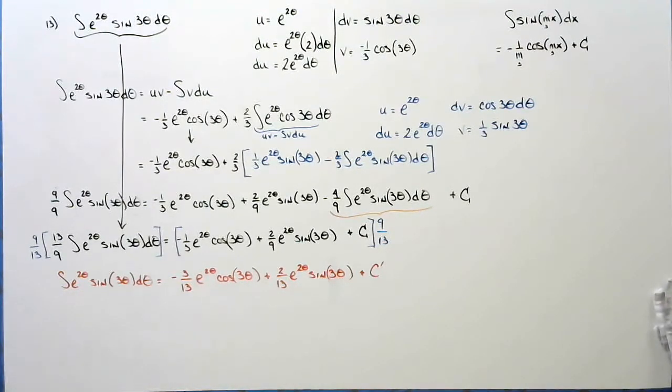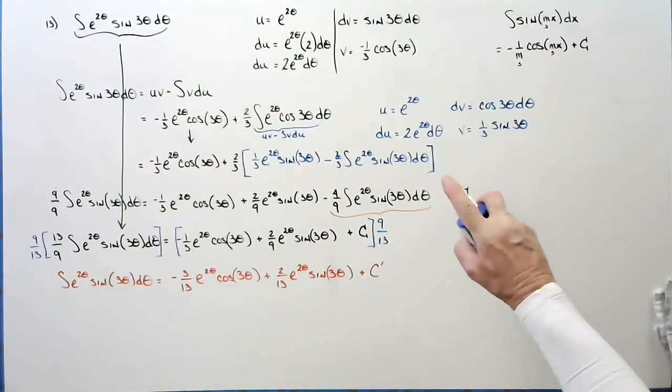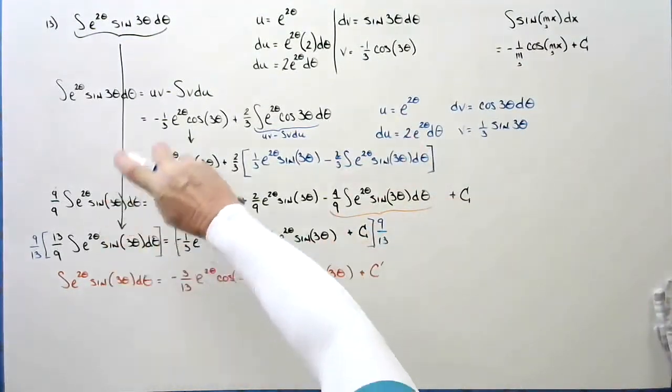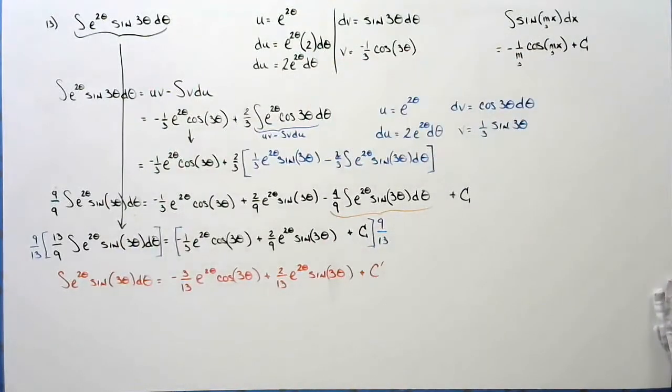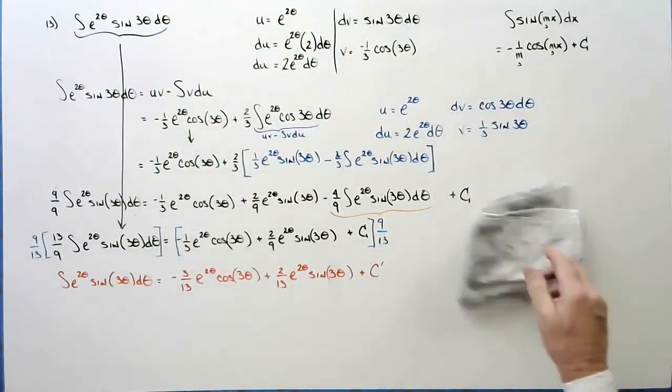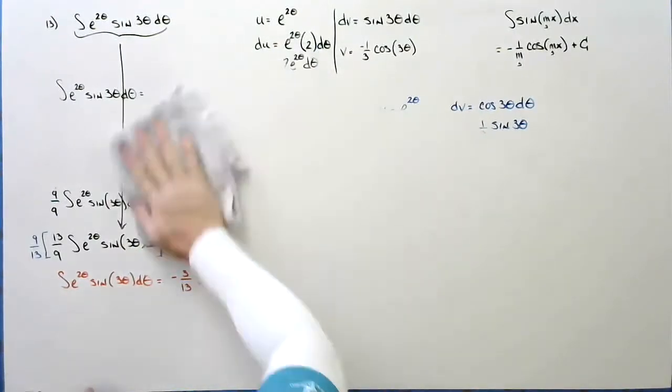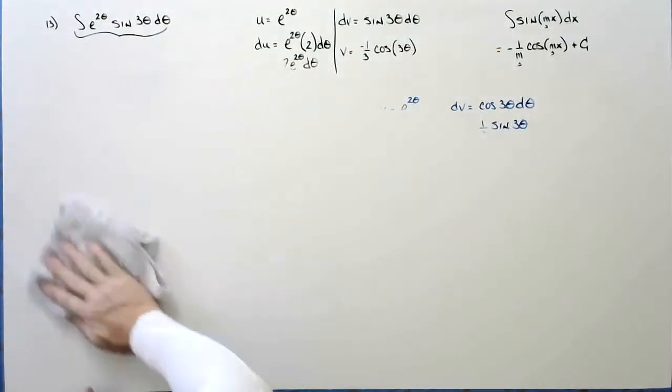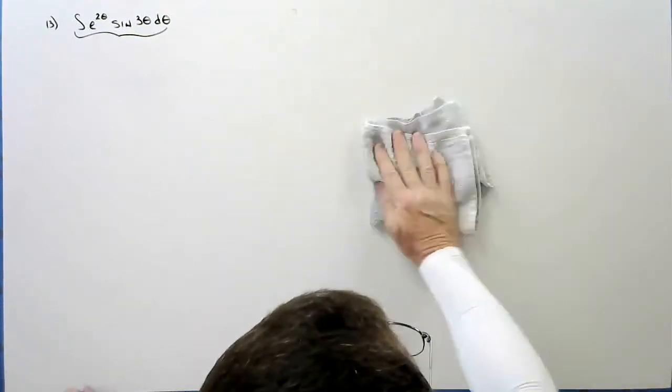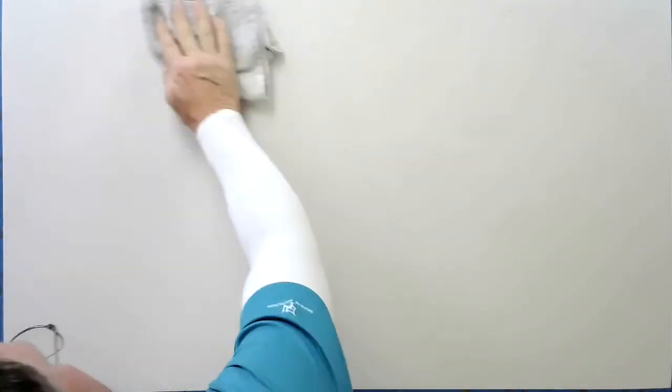Let's skip down. Let me clean the whiteboard here. Let's skip down. We'll take a look at something like number 27.